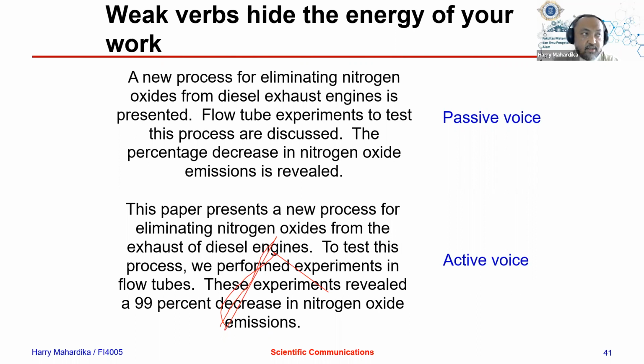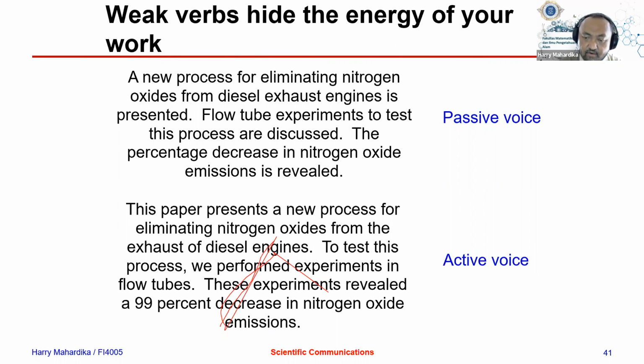Okay, so what I'm suggesting here is that whenever you write your article, it is okay for you to mix the usage of active and passive voice in your articles, in your paragraphs and so on. Because if you use passive voice too often, the energy of your work becomes unclear.